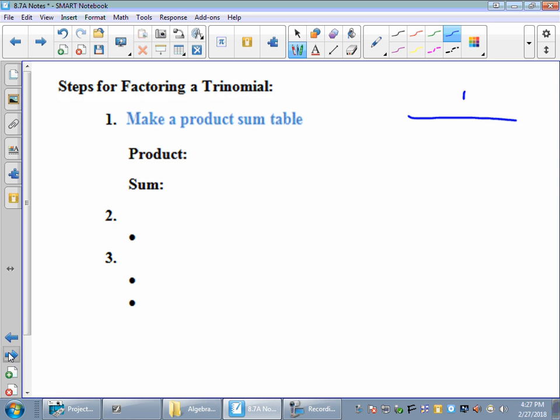Well, we're going to draw a nice little 2-column table. On one side, we're going to have the product. I need 2 things that multiply to be a C. On the other side, we're going to have the sum. I need 2 things that add together to give me B. Where are that a, c, and b coming from, you say?